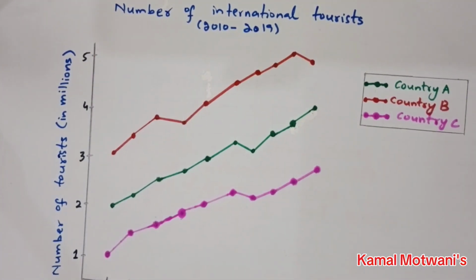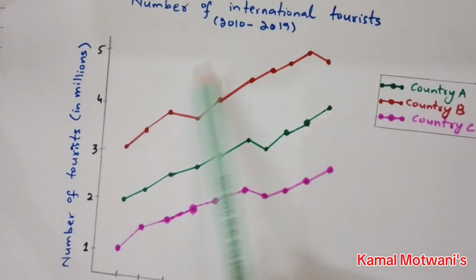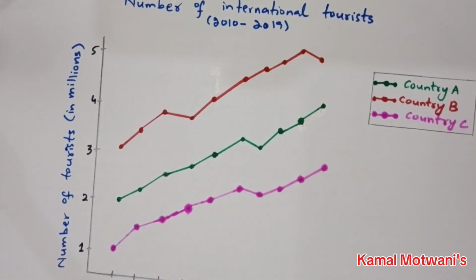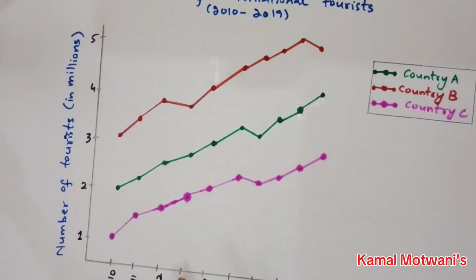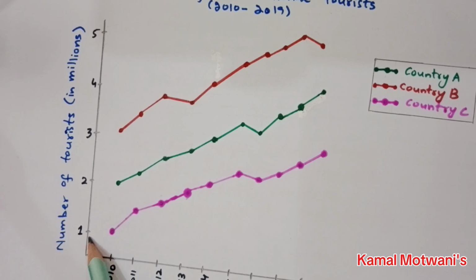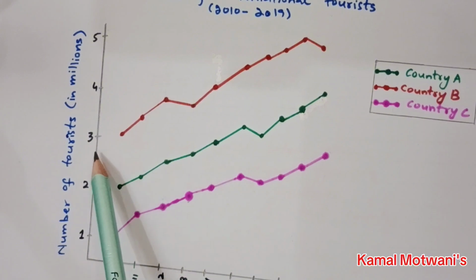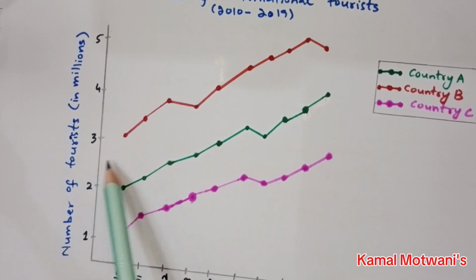So the highest number of tourists that were witnessed overall were by country B, and the lowest number of international tourists that were witnessed were by country C, because its starting range is from 1 million, and the highest it has gone is in 2019, just I think 2.8 or 2.9.